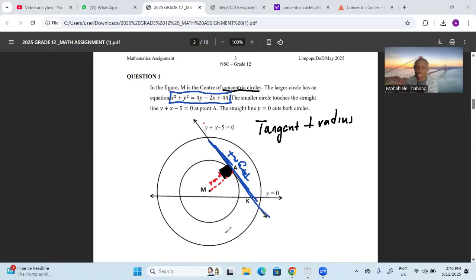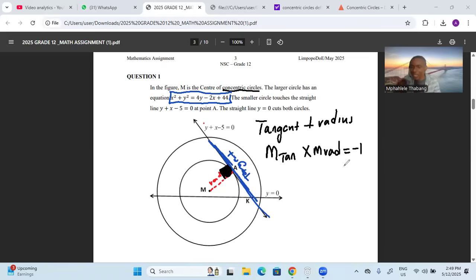Another thing about a tangent and a radius, you have to know that the product of their gradients is -1. If we take the gradient of the tangent, m of tangent, times m of a radius, I'm referring to the gradient of a radius, we must get -1. Why?